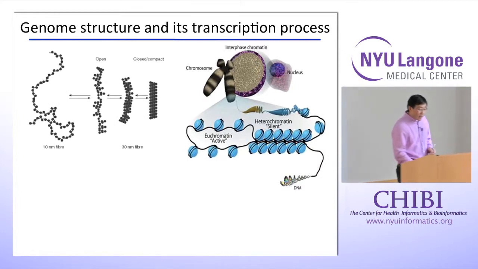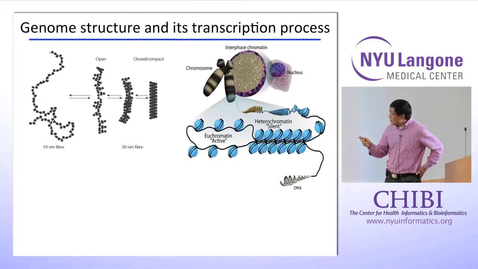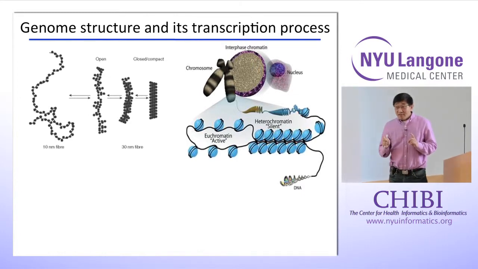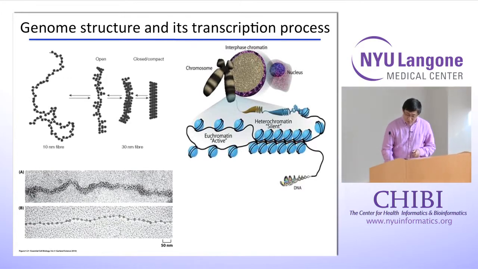The silenced status of heterochromatin falls into 30 nanometer fibers. The active one falls into 10 nanometer fibers. This is a cartoon. However, this is also real.